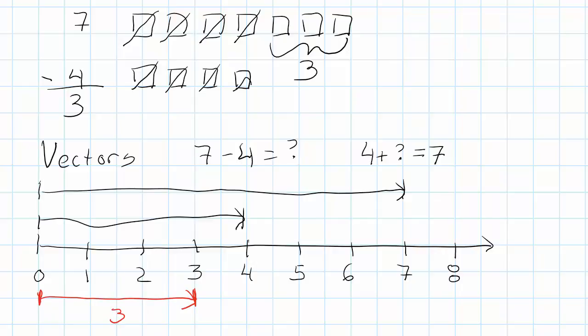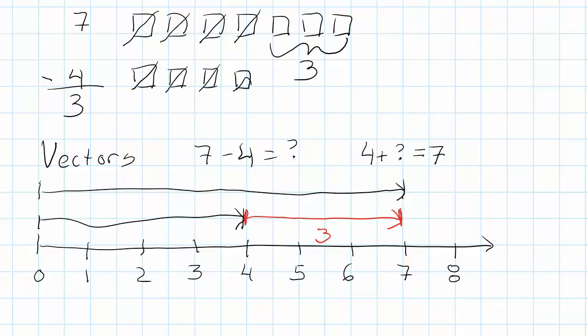Right? Starts from 0, ends at 3. That really is the vector that we want here. We can move it again. Starts at 4, ends at 7. Still the vector 3.